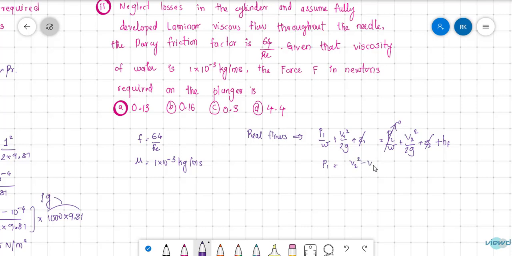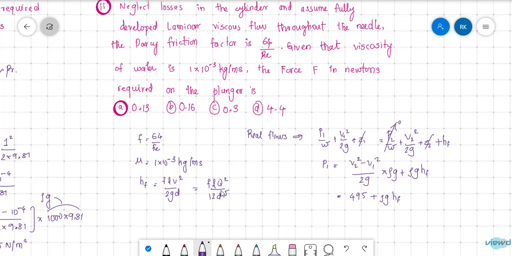So P1 is equal to V2 square minus V1 square by 2G into rho G plus rho G into HF. So this P1, we got it as 495 Newton per meter square plus rho G HF, and we need to find HF. HF is equal to FL V square by 2GD, or FL Q square by 12 D power 5.